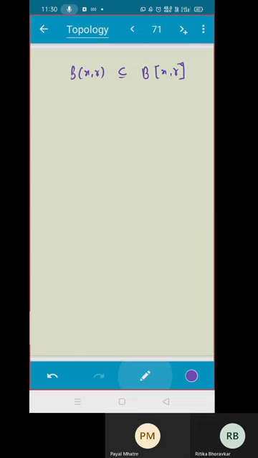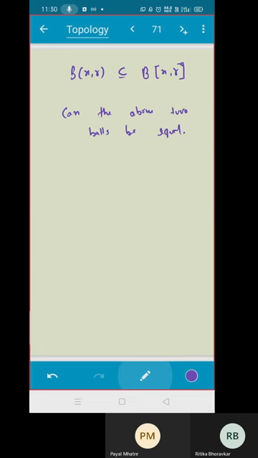Can the open balls be equal? Can the above two balls be equal? Yes, sir, for the discrete metric, I think.